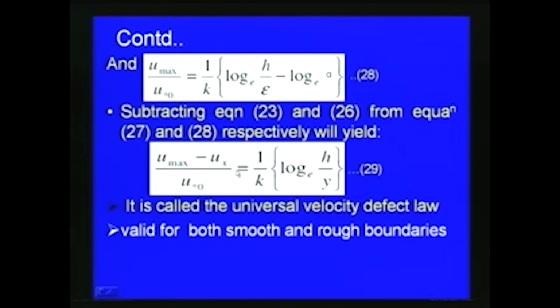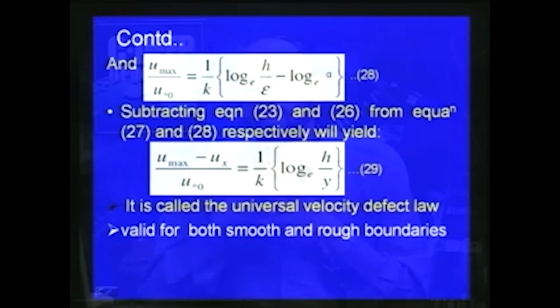So, finally, we got a general expression which you can use for smooth boundaries as well as rough boundaries. That equation is (u max minus u_x) divided by u*_0 is equal to 1 by kappa log e (h by y). This equation is called the universal velocity defect law, applicable for smooth as well as rough boundaries. So, this is the general expression.